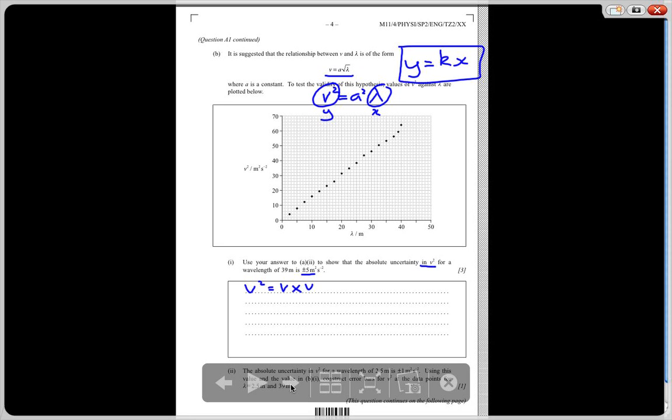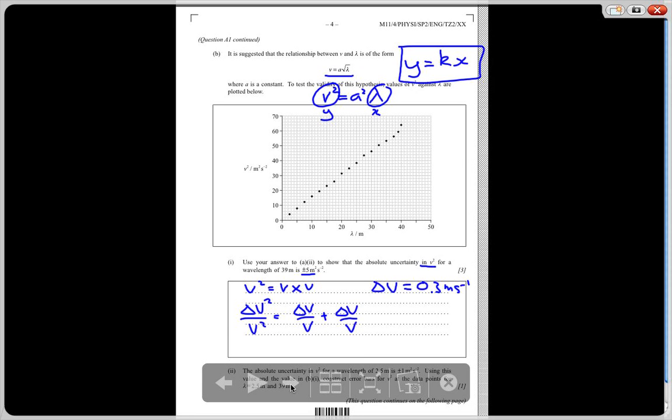So we know that the error in v was given as 0.3 meters per second. Using the formula, the absolute error in v squared divided by v squared would equal delta v over v plus delta v over v.